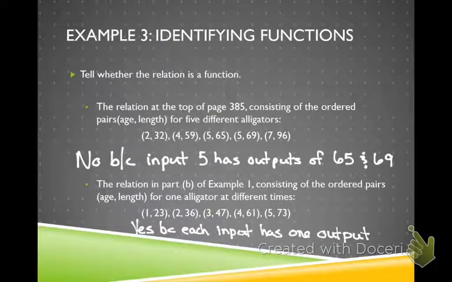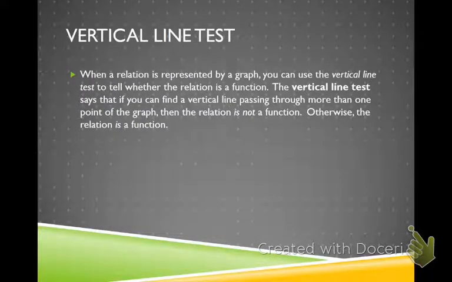All right, so now example 4, let's say we don't have a set of ordered pairs. Let's say we're looking at a graph and it says, is this relation, remember, it's all the points on the graph, so technically it's several ordered pairs, so it's a relation, but it's going to say, do these points represent a function?